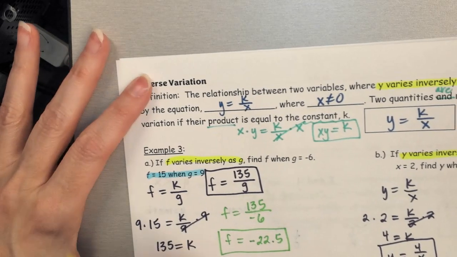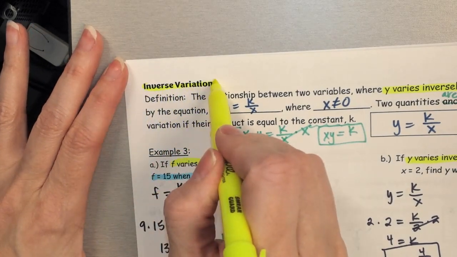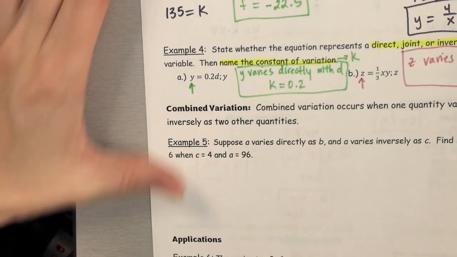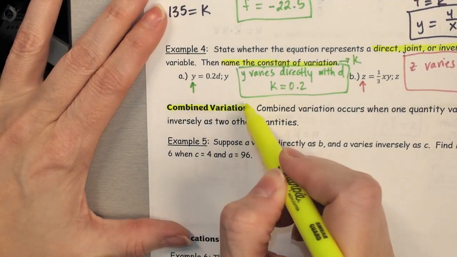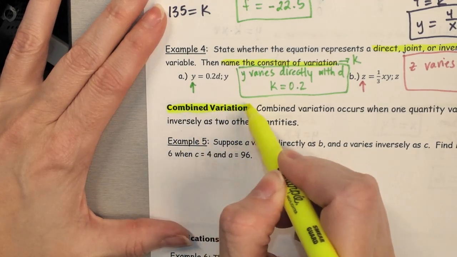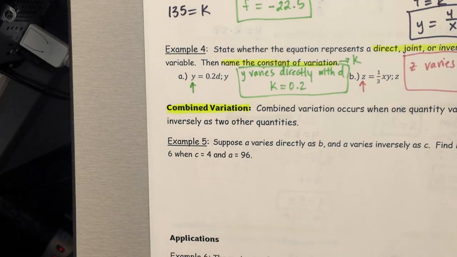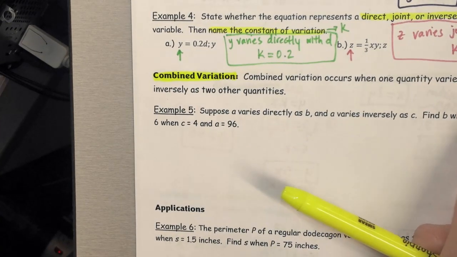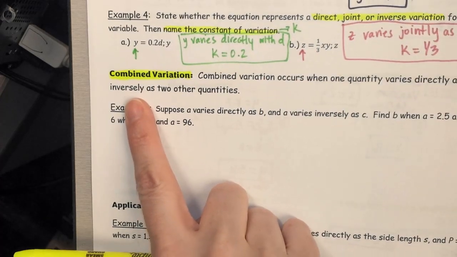Okay, so on this side we did inverse variation, and then the other type of variation is combined, which is just a combination of direct and inverse, or sometimes it will be jointly and inverse variation. So one quantity varies directly and or inversely.